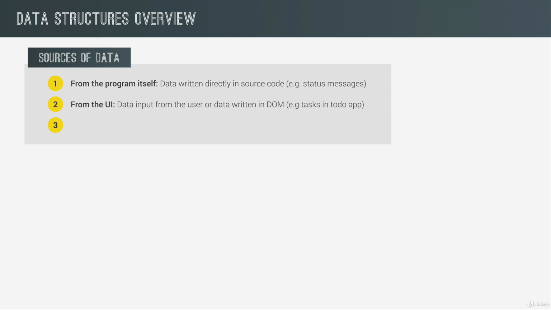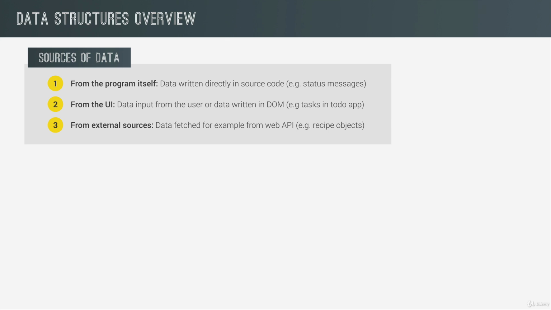It can either be data that the user inputs into some form, or data that's already written somehow in the DOM. For example, this can be the user's tasks in a to-do app, or expenses in a budget app, or anything like that. Finally, data can come from external sources, which is usually a web API.